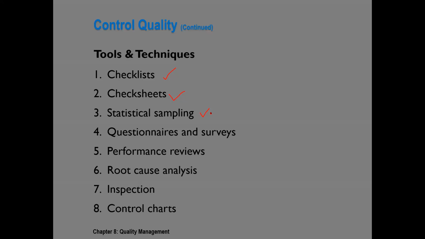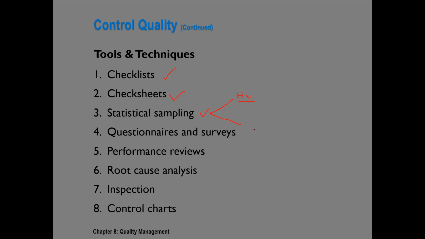Yeah, when you've got high volumes of product. Yeah, high volumes of product. So high volume is one example of when we do statistical sampling.